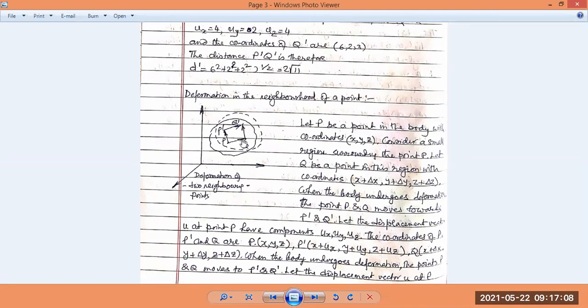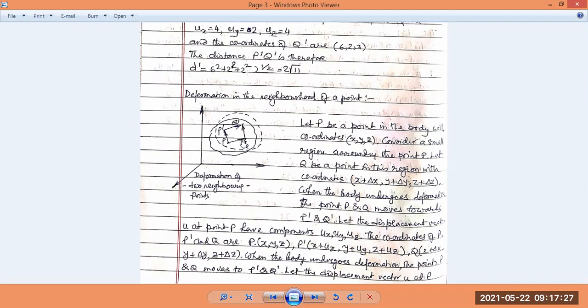Both are displaced. So we should have the conception of position vector, initial and final position, and the conception of displacement vector, which is as the point is displaced from the initial to the final point itself.